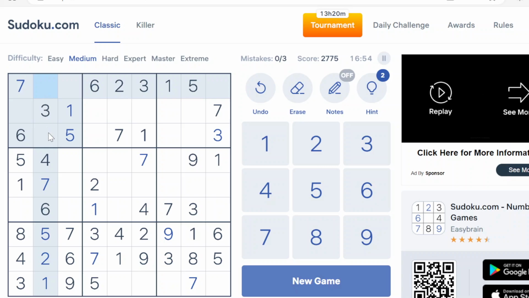So all we know is that one of these boxes is an 8 and the other one is 9. And there's a 4 here. Let's see, one of these 3 has to be 4.